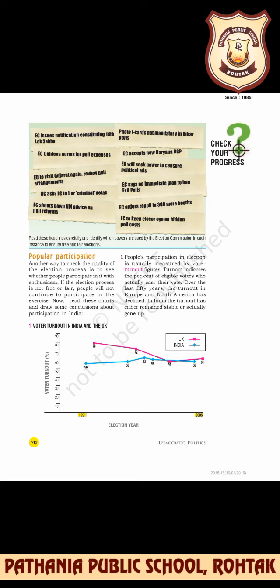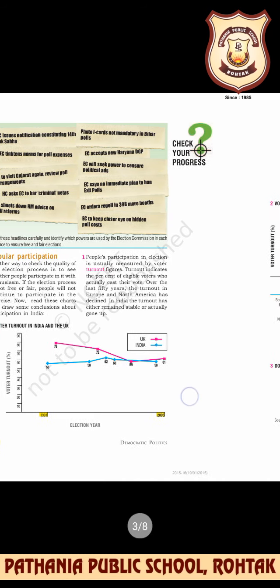And if you see here, beta, there is an increasing trend, right? People's participation in elections is usually measured by the voter turnout figure. Turnout indicates the percentage of eligible voters who actually cast their vote.